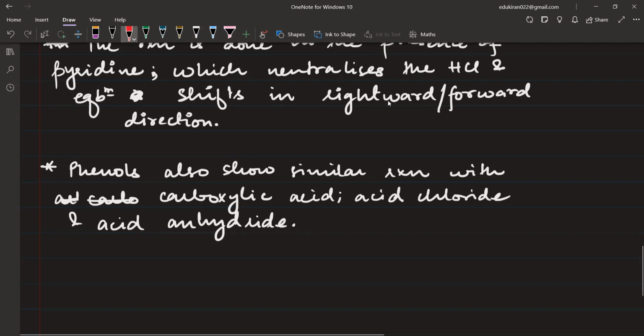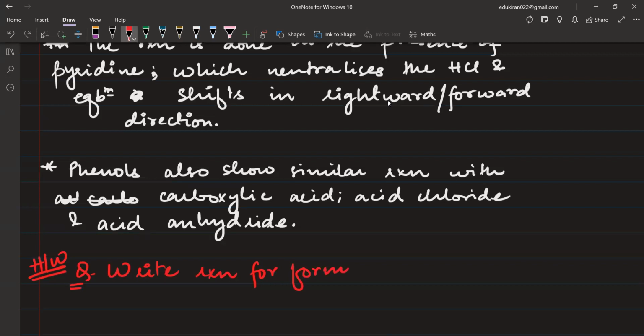Okay, write one question. You will do this in your homework. Write the reaction for formation of aspirin.